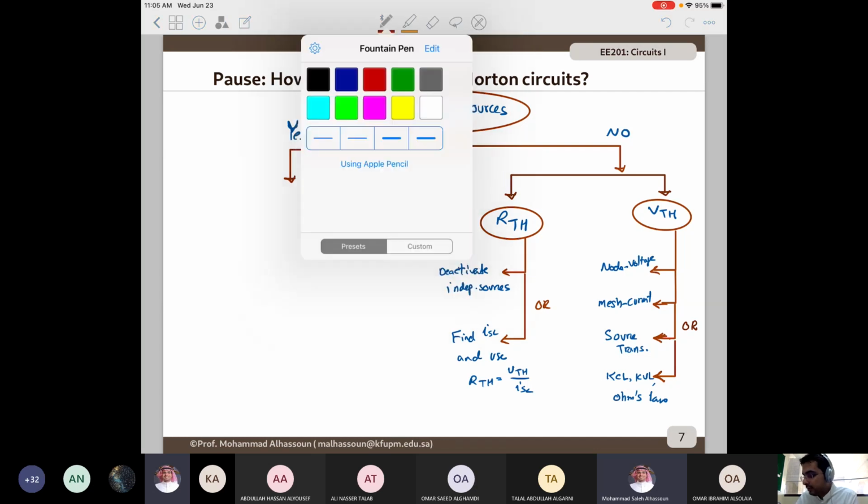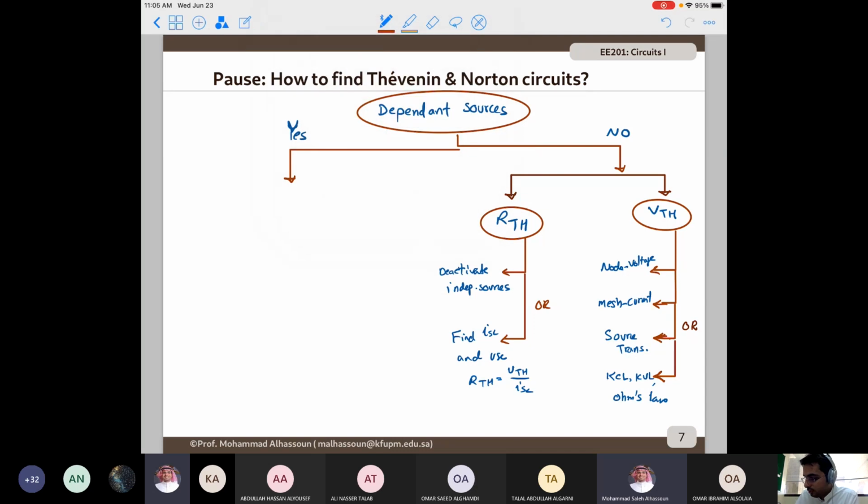So finding the Thevenin voltage will not be different.